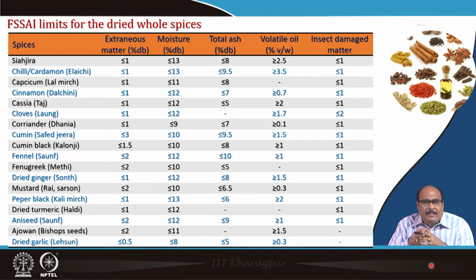So, as per the FSSAI guidelines for dried spices, you can see that various spices have limits on extraneous matter, moisture, total ash, volatile oil and insect damaged matter that have been specified under the guidelines for various dehydrated spices.